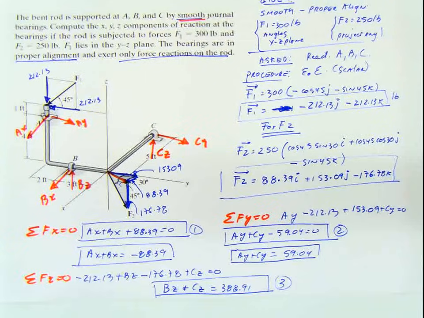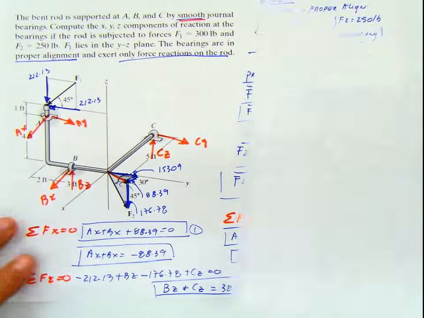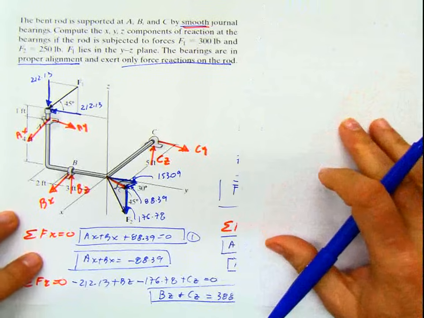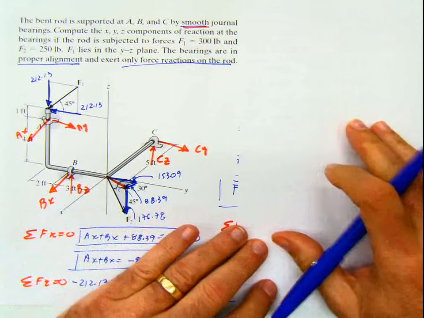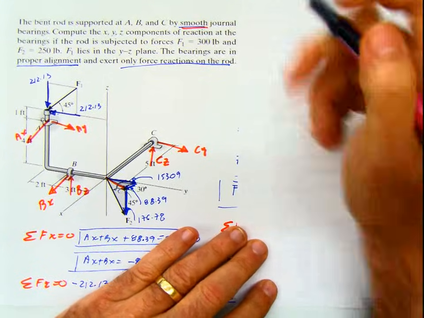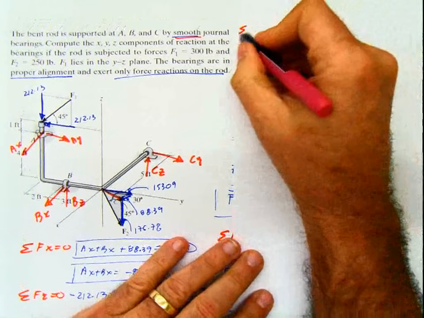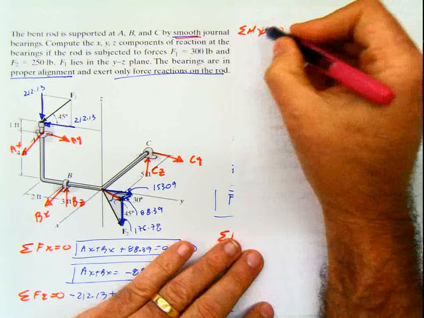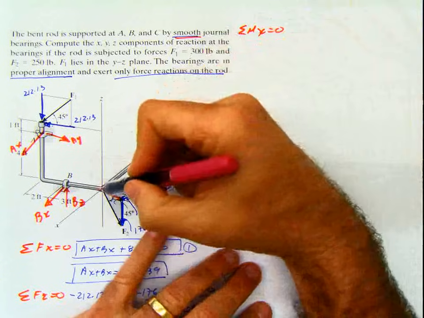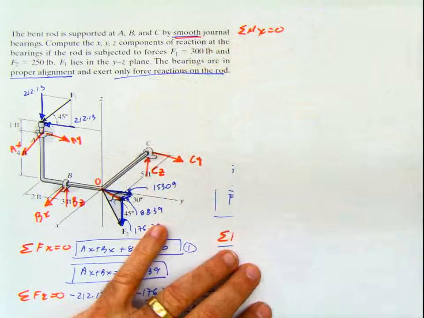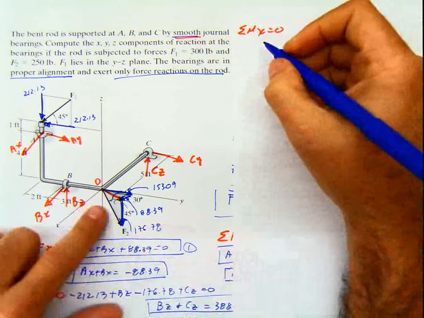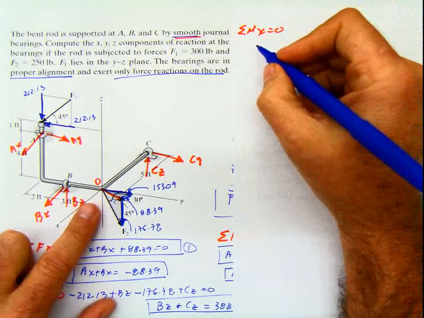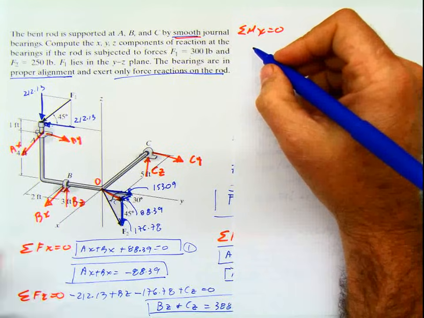So let's keep working. Now the next thing that I'm going to do, same place here, is start with the moments. Let's start with summation of moments about the x-axis. You can take this moment about whatever point you want, but I'm going to take it with respect to the origin over there. So with respect to the origin, moment about x equals 0. And let's start with this force.